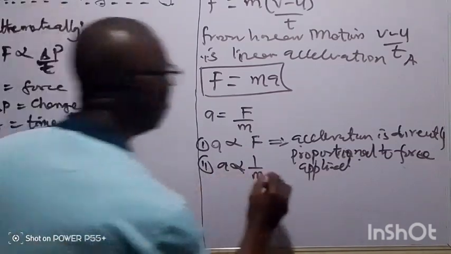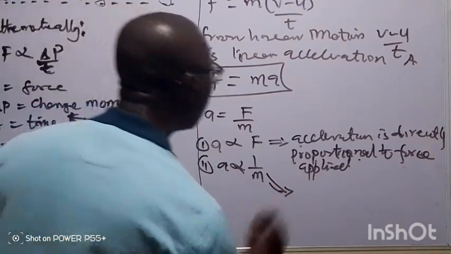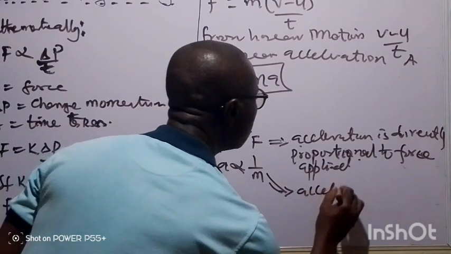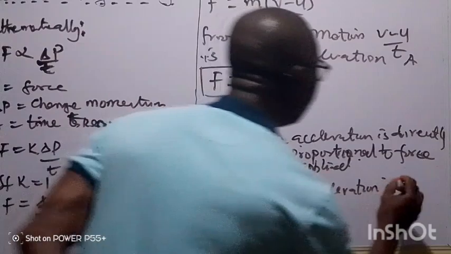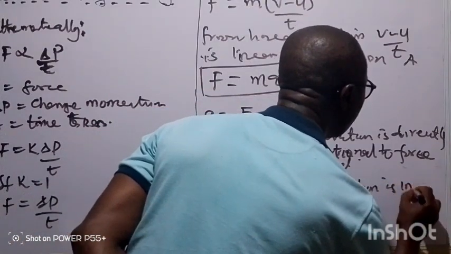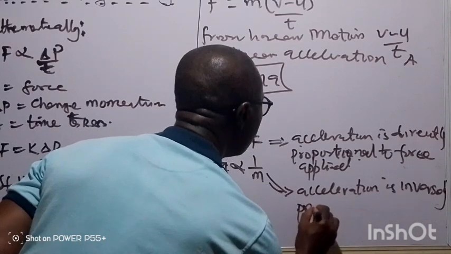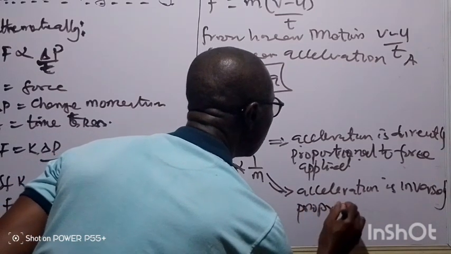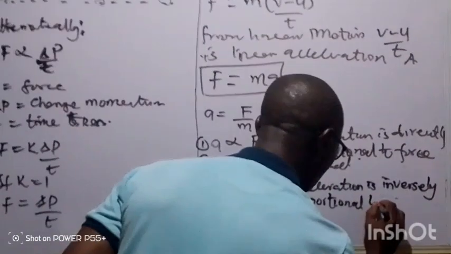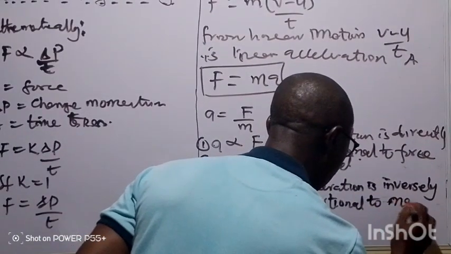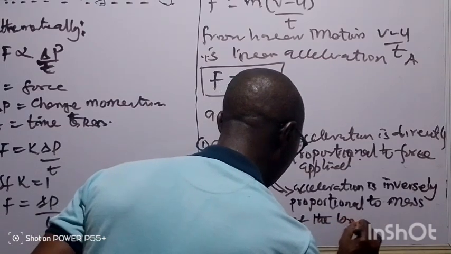While from two, it implies that acceleration is inversely proportional to mass of the body.